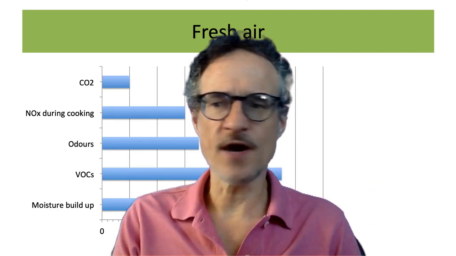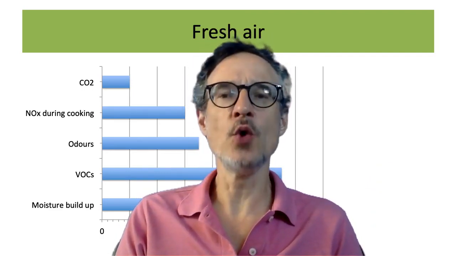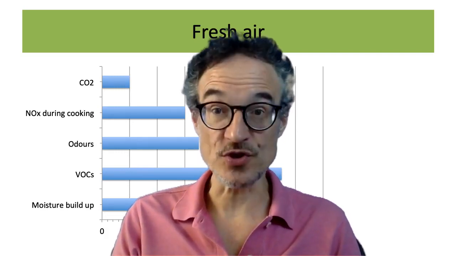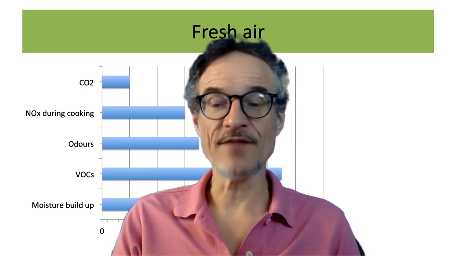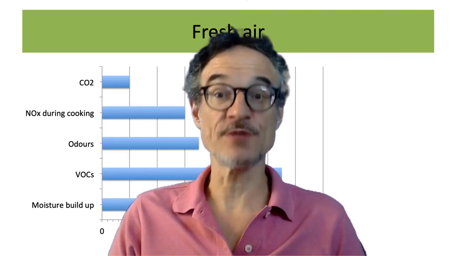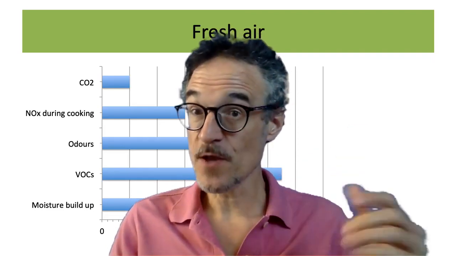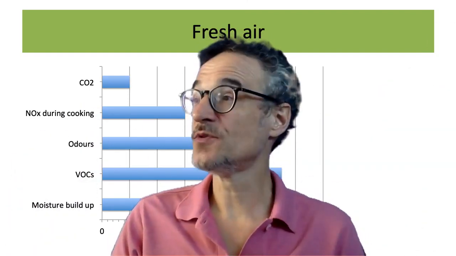Many materials have what are called VOCs, volatile organic compounds, formaldehydes and other chemicals. We have these in furniture, in clothes, any house, especially a new house with new furniture and new paint. There are lots of chemicals coming off, which we need ventilation to get rid of.